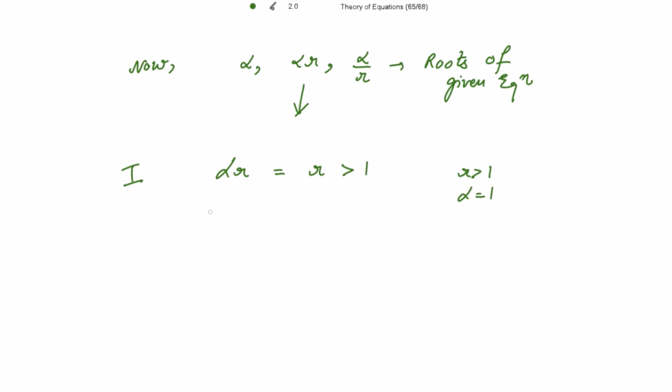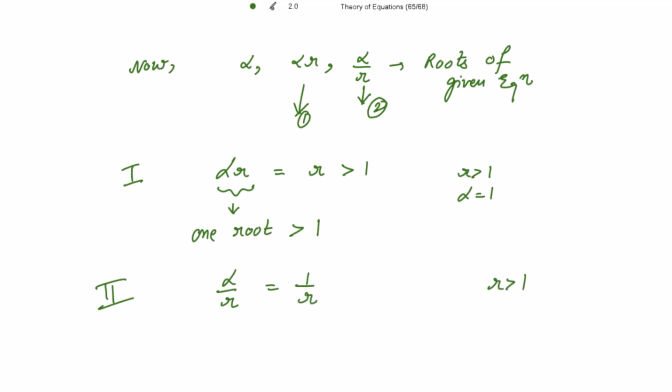That means this is a root strictly greater than 1. And if I choose the second root, alpha divided by r, alpha is 1, so this is 1 over r. And because r is strictly greater than 1, 1 over r is strictly less than 1. So the other root is strictly less than 1.